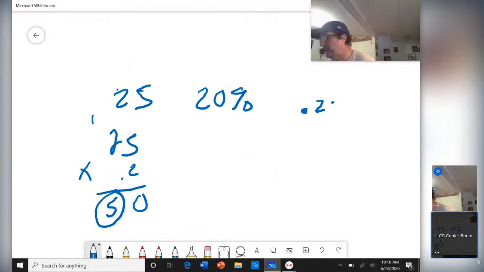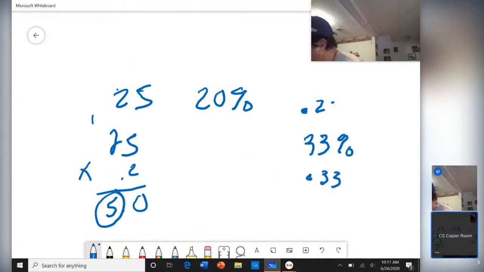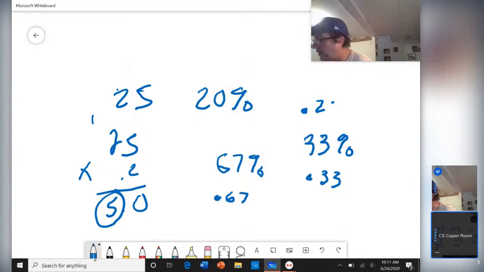Okay, so basically, you guys, and I think we covered this, whenever you have a percentage, so like 33%, when you convert that to a decimal, it's going to be 0.33. If you have 67%, you're going to convert it to 0.67. All you really do is move the decimal 2 places, because if you guys remember, it's over 100.